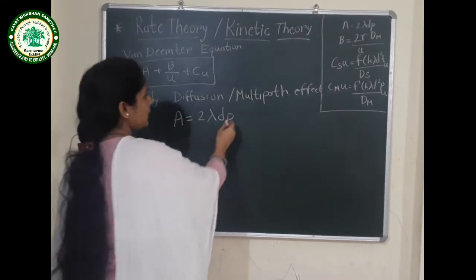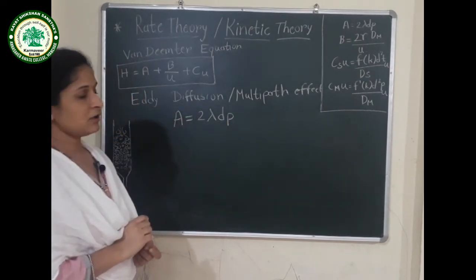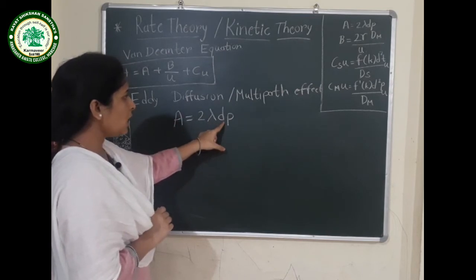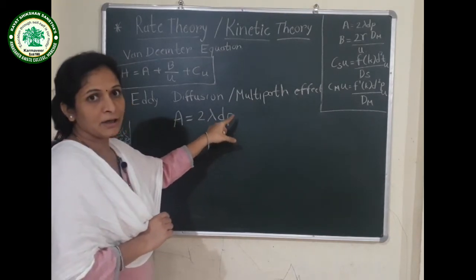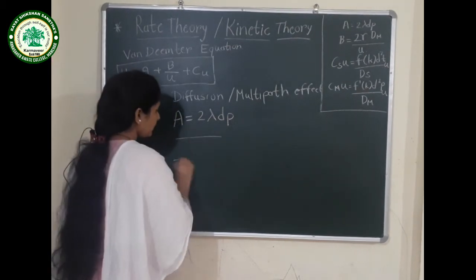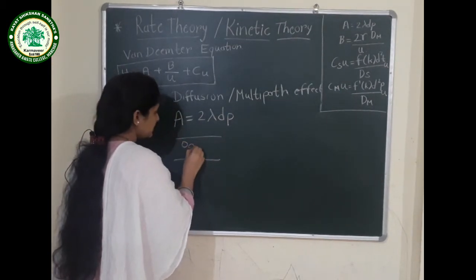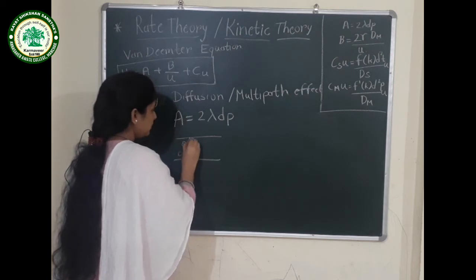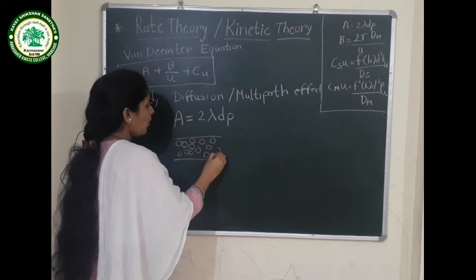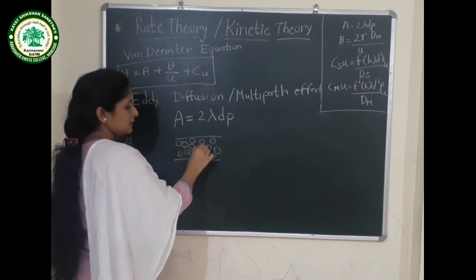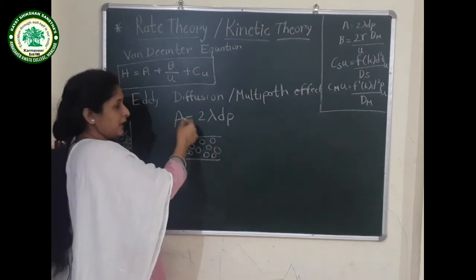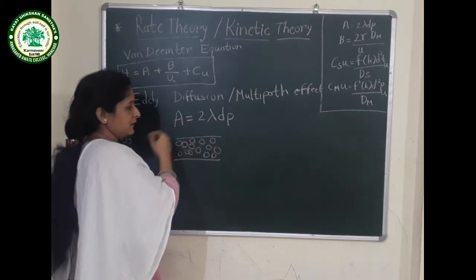Okay, the particle diameter of the stationary phase, meaning Eddy's diffusion is directly proportional to the diameter of the particle in the stationary phase. If this diameter of the particle in the stationary phase increases, then what happens? There are more spaces in the stationary phase and therefore Eddy's diffusion will increase, the multipath effect will increase.